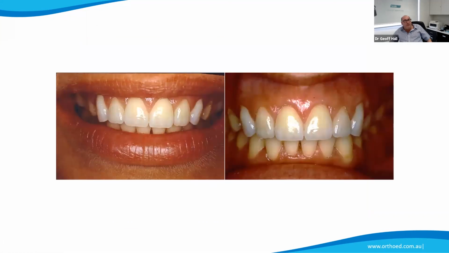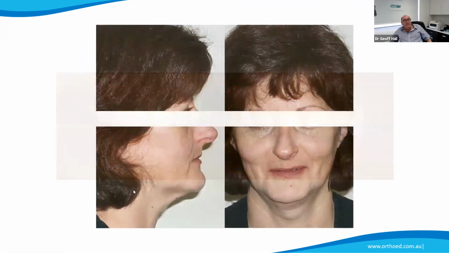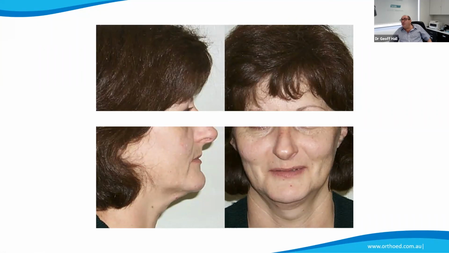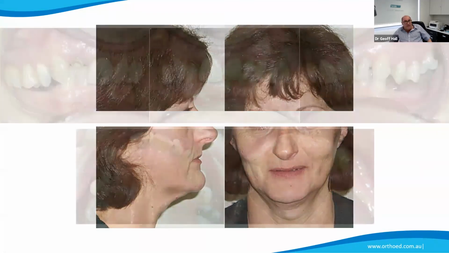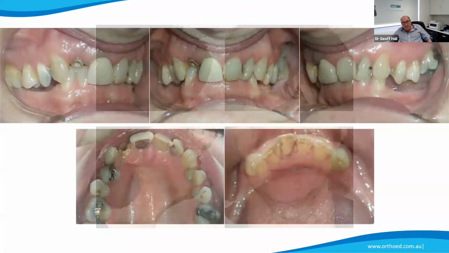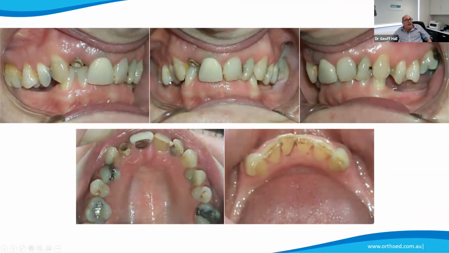And this lady comes in, and this is a very sad lady because two of her children committed suicide whilst they were in treatment with us. So she now works for the suicide prevention group. And look at, this is what we call a broken down worn dentition. Now, tell me, how do you restore her in any way without using an interdisciplinary approach?